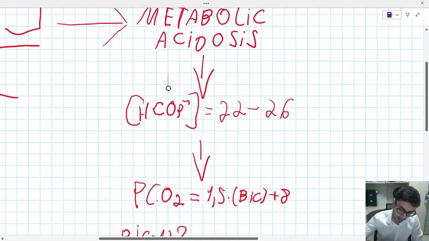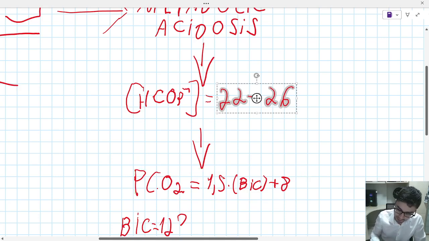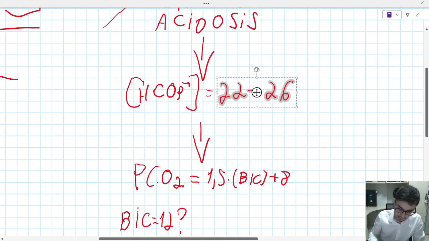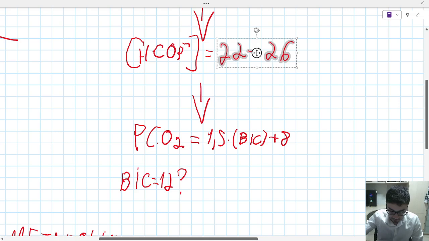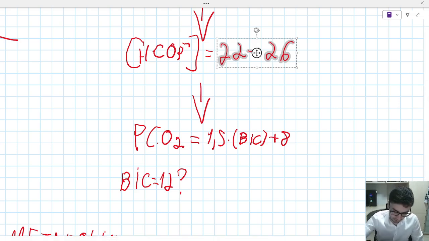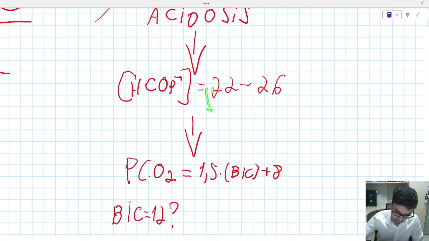We have an equation for this value: the PCO2 will be equal to 1.5 times the bicarb plus 8. Let's make an example. If the bicarb is 12, this will be a metabolic acidosis because it is lower than 22.